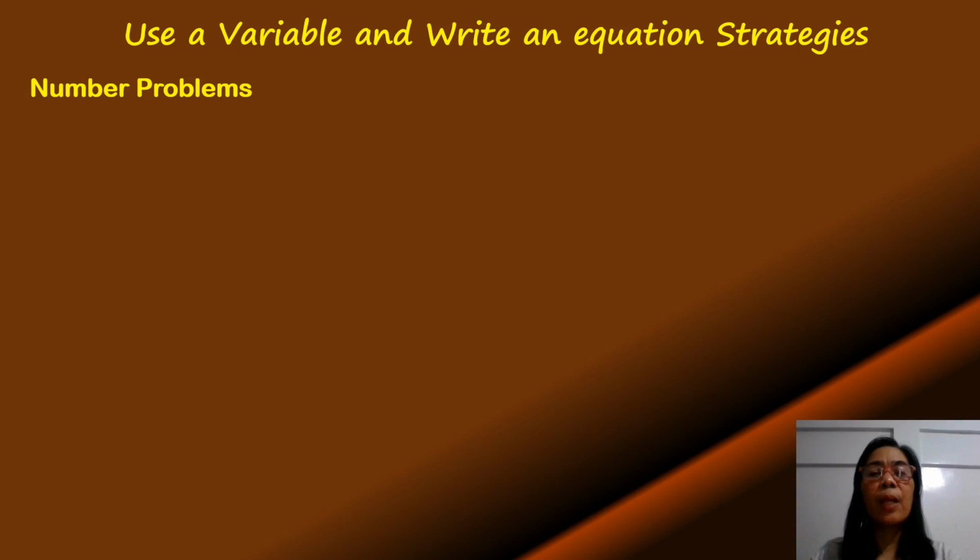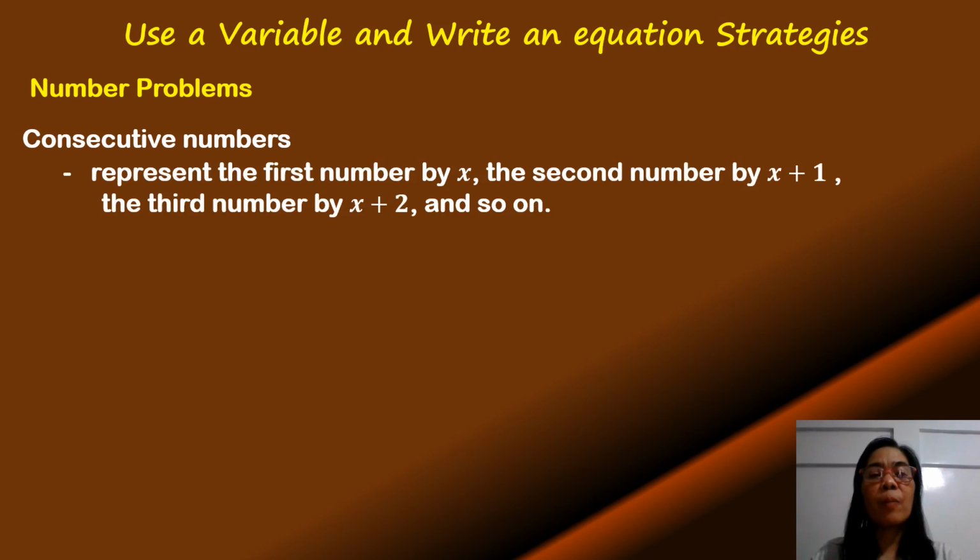in solving number problems. Number problems usually involve finding consecutive numbers. In finding consecutive numbers, you let the first number be represented by x, the second number be represented by x plus 1, the third number be represented by x plus 2. Notice here an increase of 1 for each succeeding number.